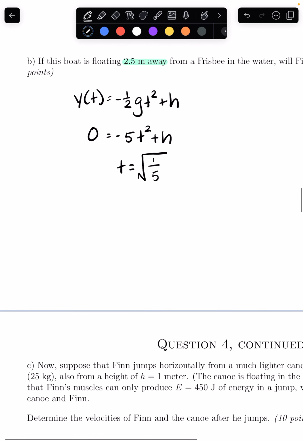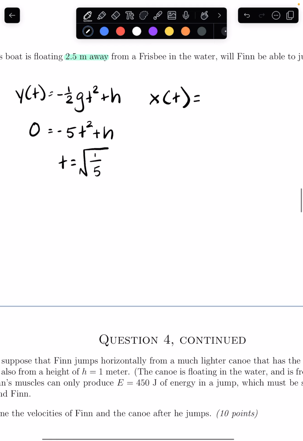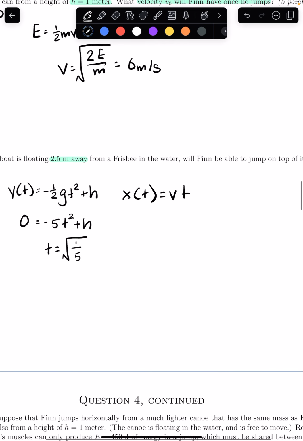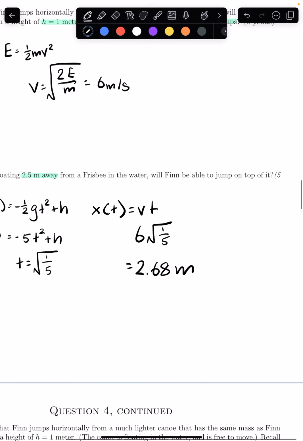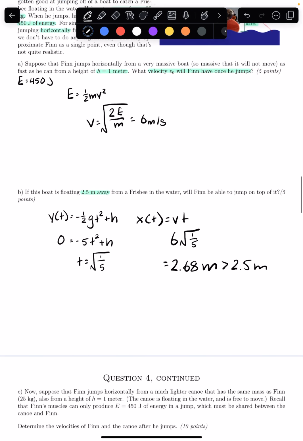For our x direction, we just need our v, which we just solved for above, times our t. So it's going to be 6 times the square root of this, which should equal 2.68 meters, which is greater than the 2.5 meters, which means he'll make it.